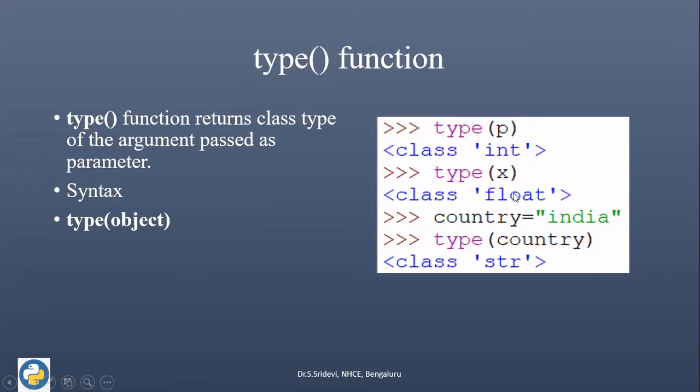Similarly, when we want to declare string data, we can write a statement like this: country is equal to "India". Anything given inside single quotes or double quotes will be treated as a string in Python. So when we call type of country, it will print the type of this object, that is string.